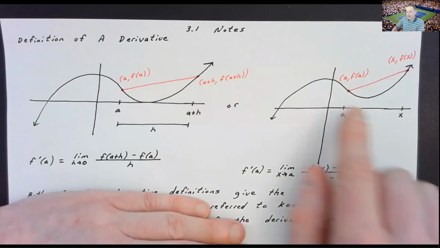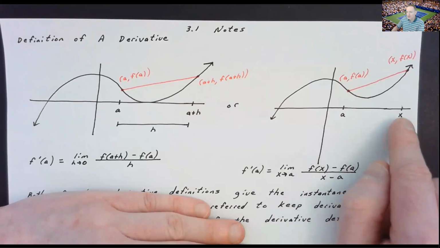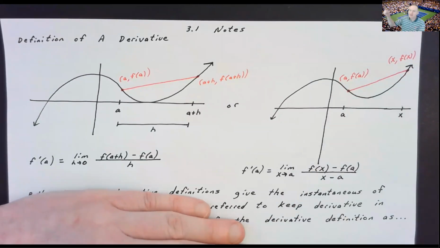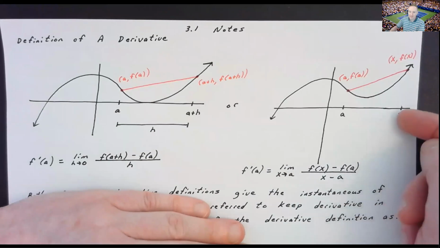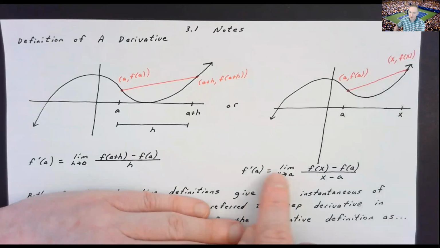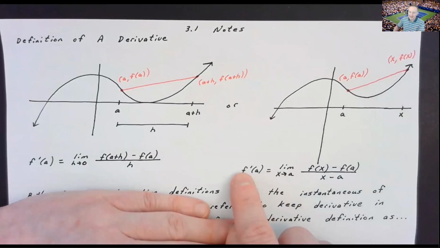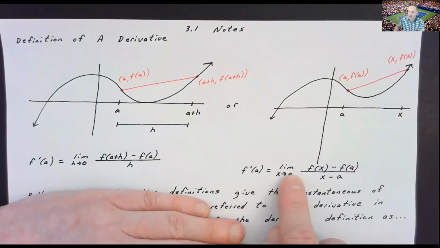But now, if you wanted to change that average rate of change formula to tell me what happens at the instant of a, well, just take this second point and push it towards the first point. Please notice what your limit is doing. It's saying the instantaneous rate of change at a, or the derivative of f at a, is equal to the limit as x approaches a of this average rate of change formula.